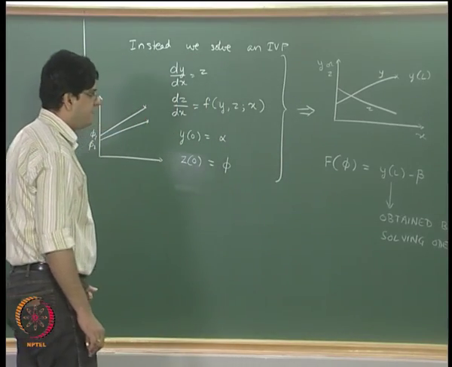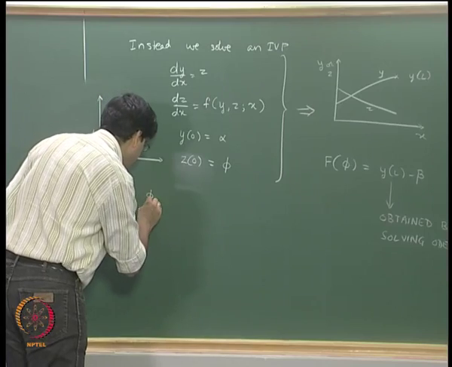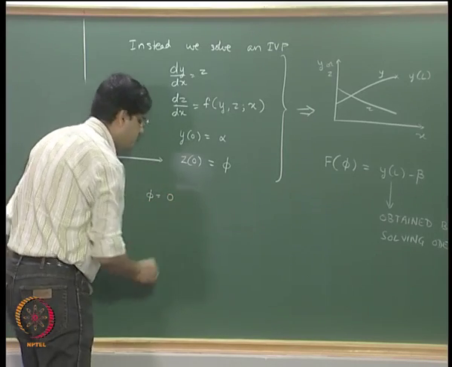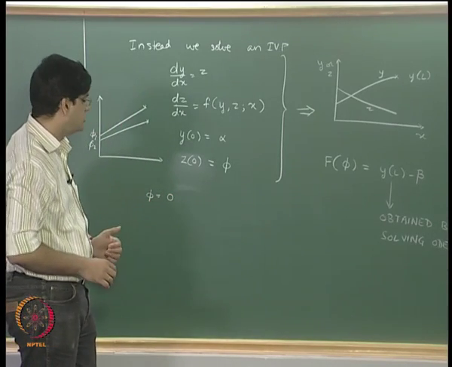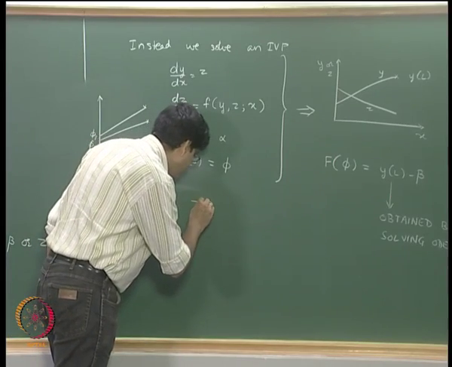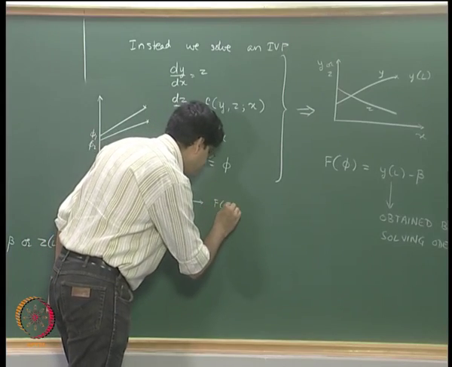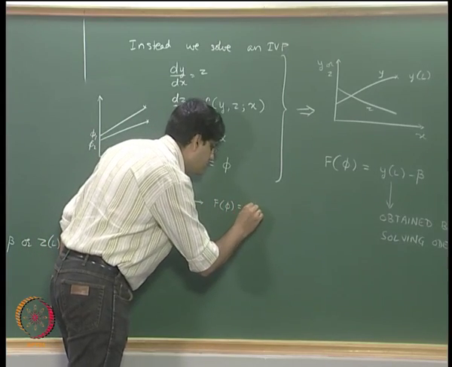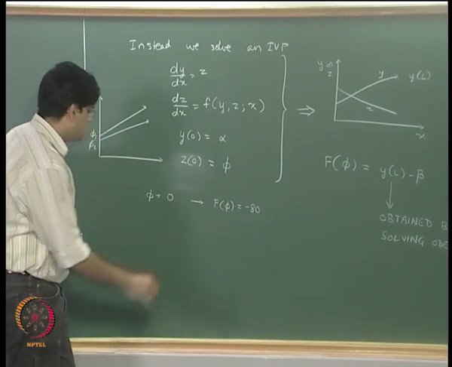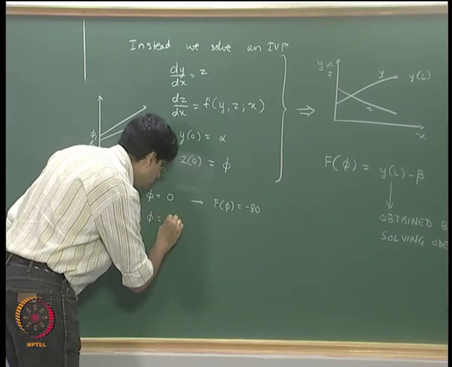What we did was, the first value we took was phi equal to 0 in the example that we solved using Microsoft Excel. When we use phi equal to 0, we got f of phi as minus 80. Next we used phi equal to 100.